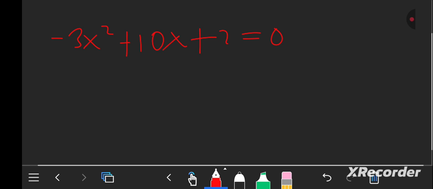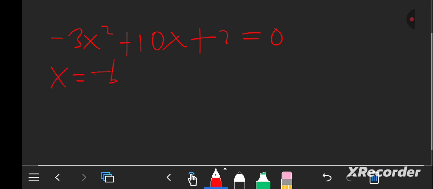So let's use completing the square method. You factor out this negative 3. Or we can use the formula method. Let's just use the formula.